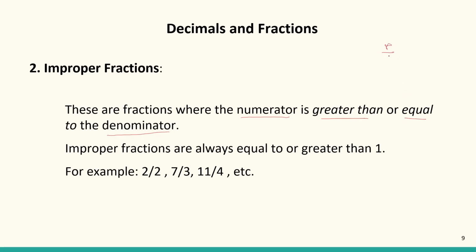So if given is p by q, this is a fraction, and q is not equal to 0, with the condition that q is less than p, then this implies that this is an improper fraction. And if p is equal to q, even then we can say that this is an improper fraction.